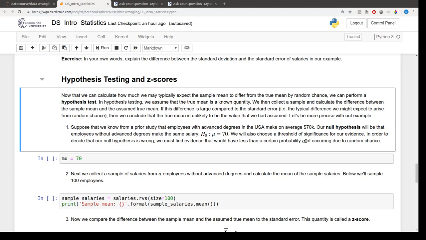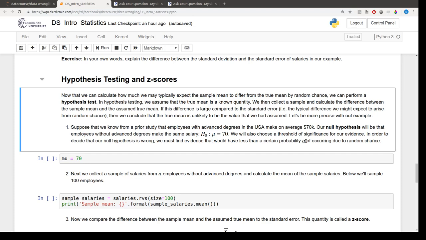We want this probability to be small because we know the sample mean will probably be different from the null hypothesis purely by random chance. But what we're interested in is differences that aren't due to random chance. So if we demand that that probability be small, then probably the difference is attributable to some real, interesting, significant cause rather than just random chance.